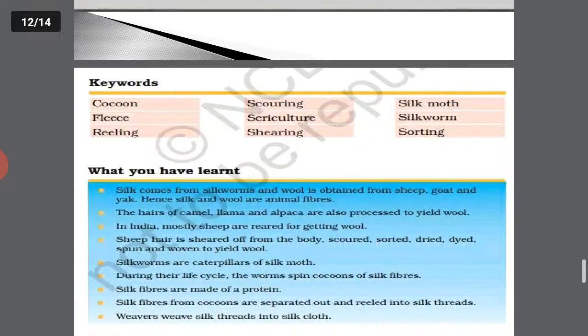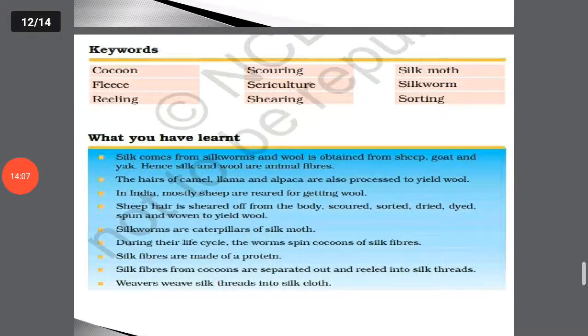Now, what did you learn in this chapter? Try to write down the answers of the keywords in your notebook. Cocoon, fleece, reeling, scouring, sericulture, shearing, silk moth, silkworm, sorting.